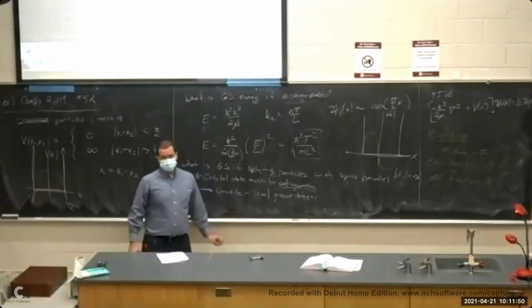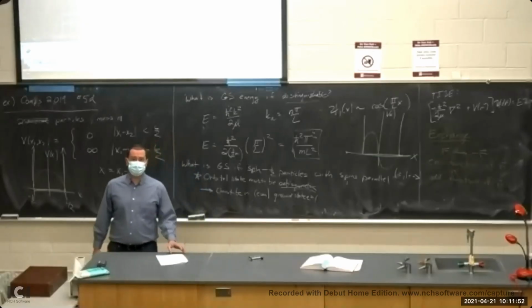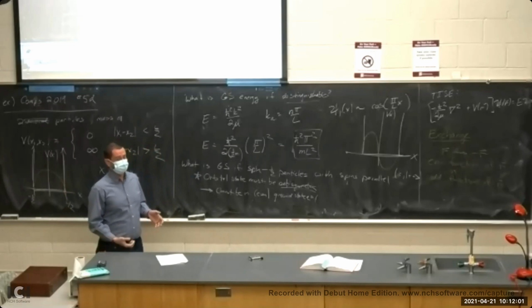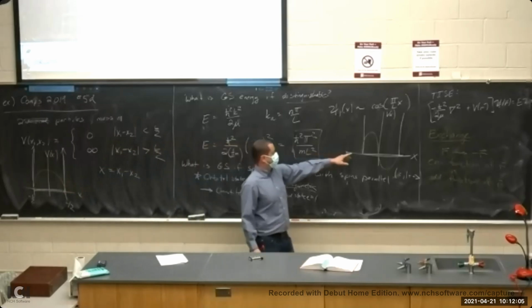Yes. So if the orbital state must be antisymmetric, doesn't that mean that one of the particles can be in the ground state then? One can be in the ground state, but then one needs to be in the n equals 2 state? The language is a little bit deceptive here. There's not one particle in one state, one particle in another state. This is the system in a relative coordinate that is in one state or the other. This is not particle number 1 sitting in the ground state, particle number 2 sitting in the excited state.